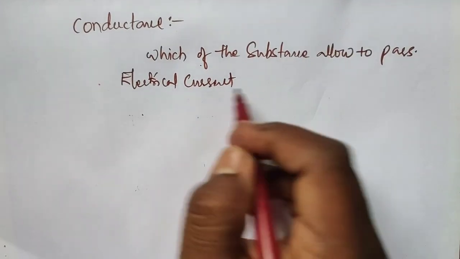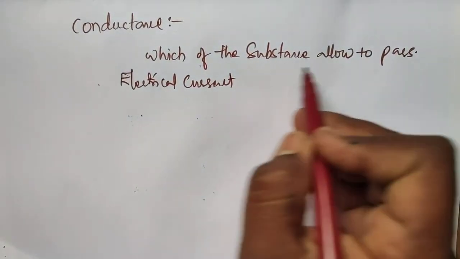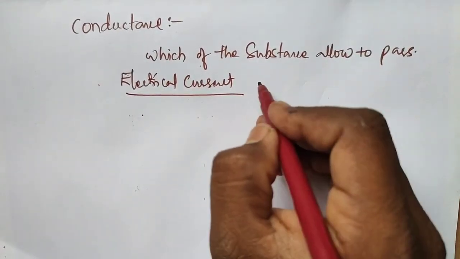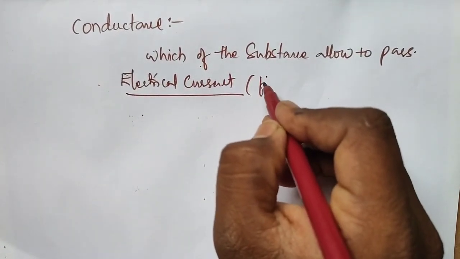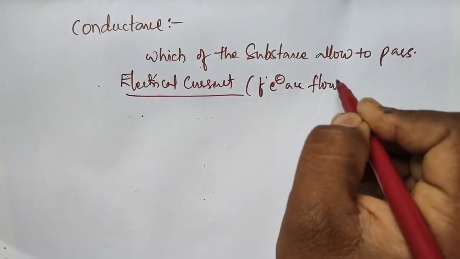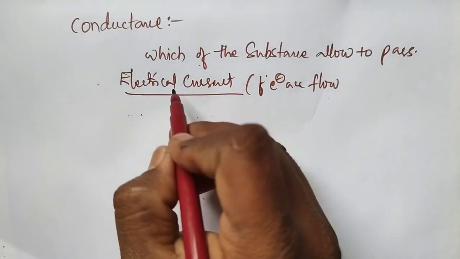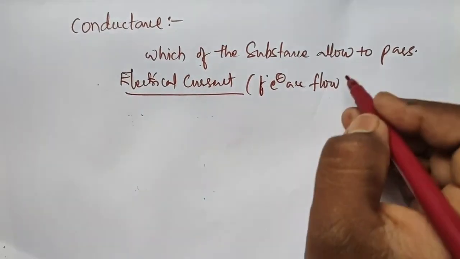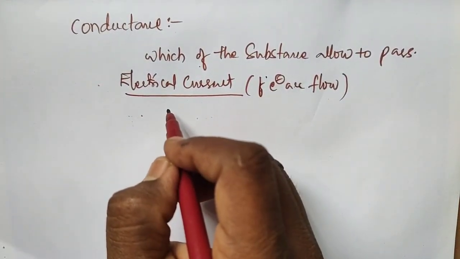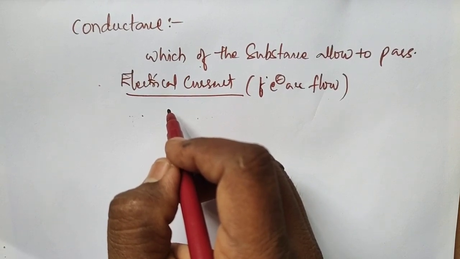Electrical current is a flow of electrons from the substance. So this substance can be a solid one or a liquid one.